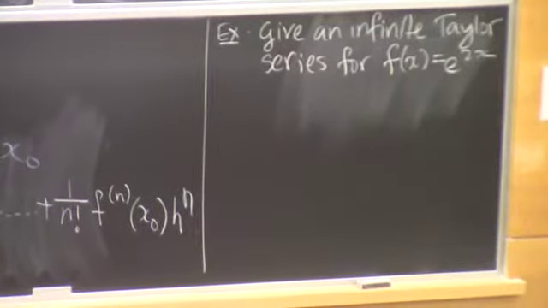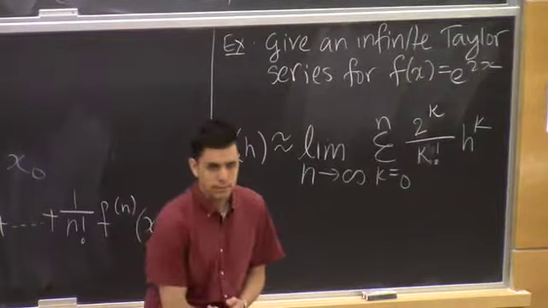We've got our derivatives are always 2 to the k, right? So our derivatives here are always going to give us a power of 2: 2, 4, 8, etc. So we put 2 to the k here, and then we divide by k factorial, right? Yes? So why is it, when you're taking an infinite limit, why is it just approximately?